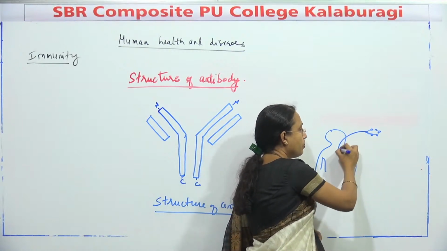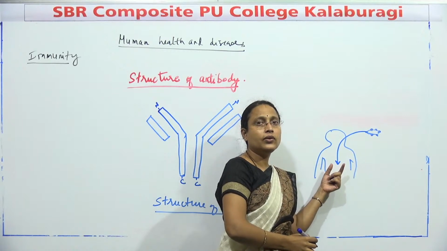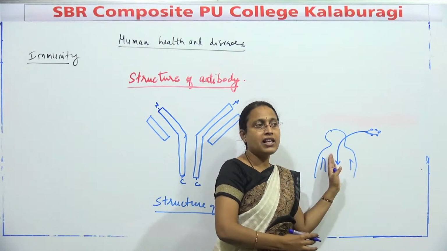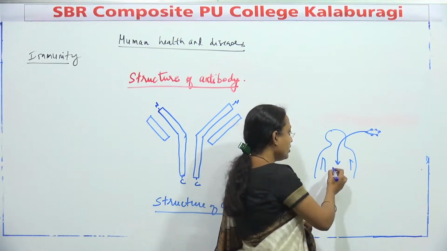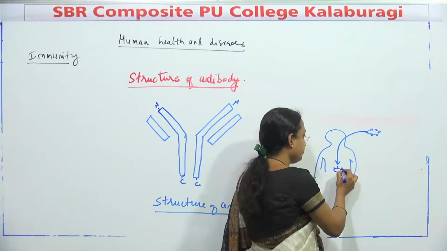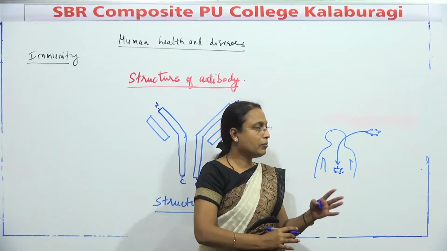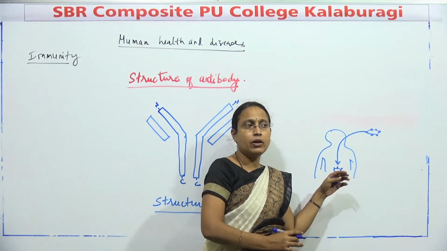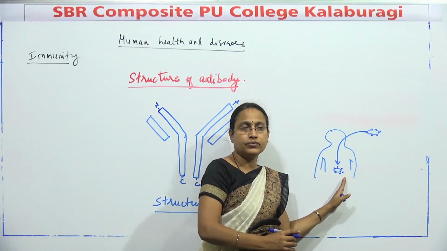Now when this pathogen gains entry into the body, it has to face the immune system, it has to encounter the immune system. So this pathogen goes inside. The immune system is not going to keep quiet. It means that once the foreign particle enters, our immune system starts fighting against that foreign particle. Understand?